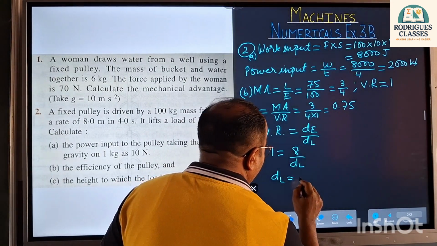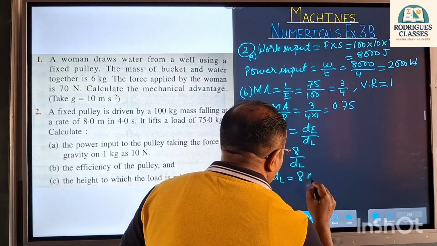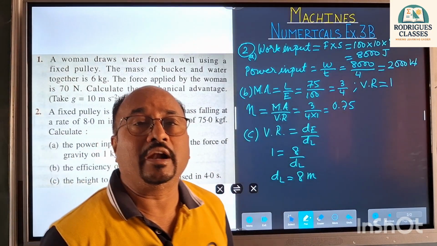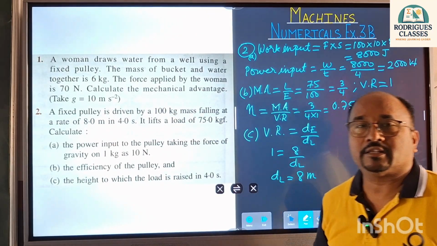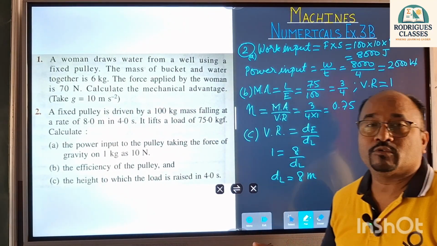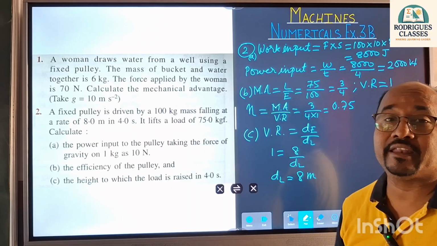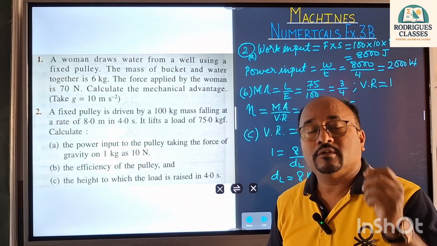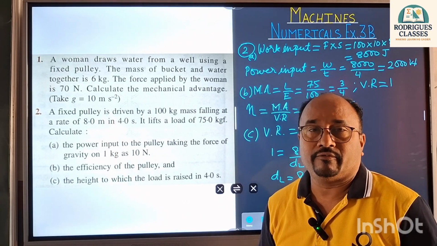So cross multiplying will give us 8 meter as the displacement of the load. I hope you have understood how this numerical has been worked out and able to relate mainly the mechanical advantage when we can use directly and when we have to do it with load by effort.